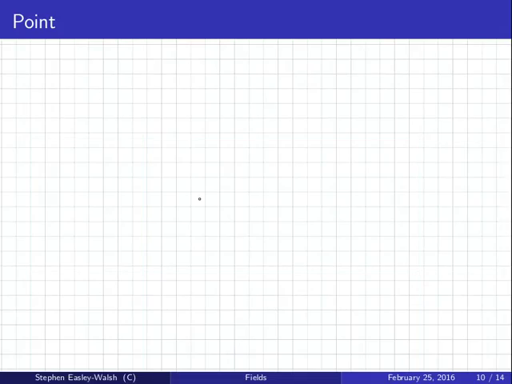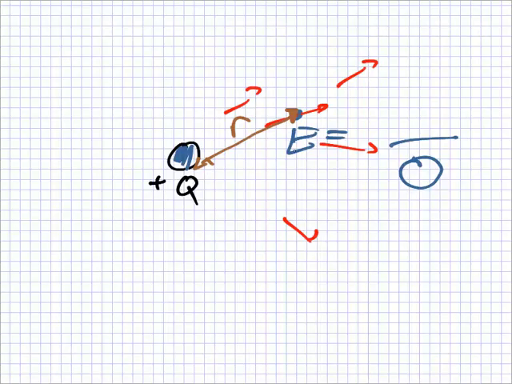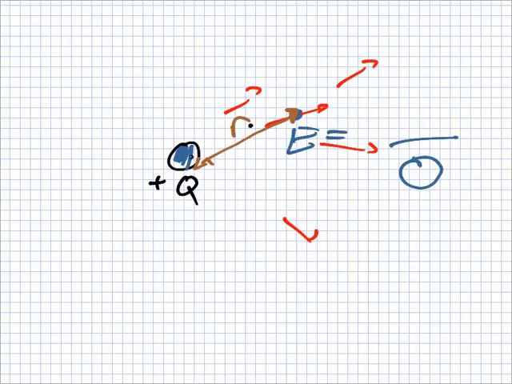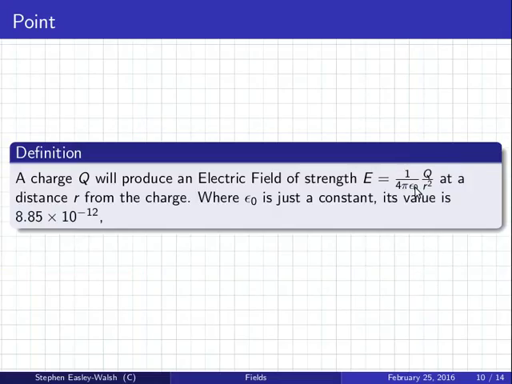So again, maybe it won't surprise you that when we have a charge Q, the electric field strength is this formula. Let me explain. The R is the distance, the Q is the charge, and this thing here is just a constant, whose value is on the calculator.